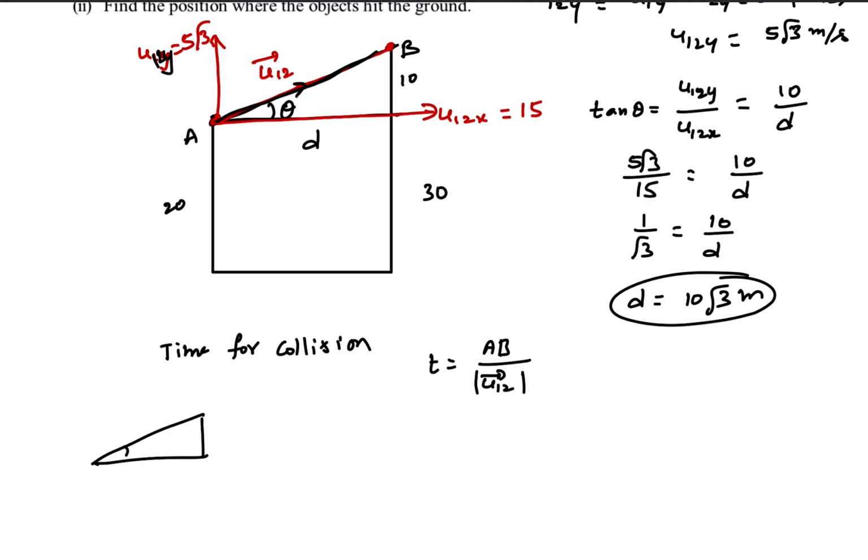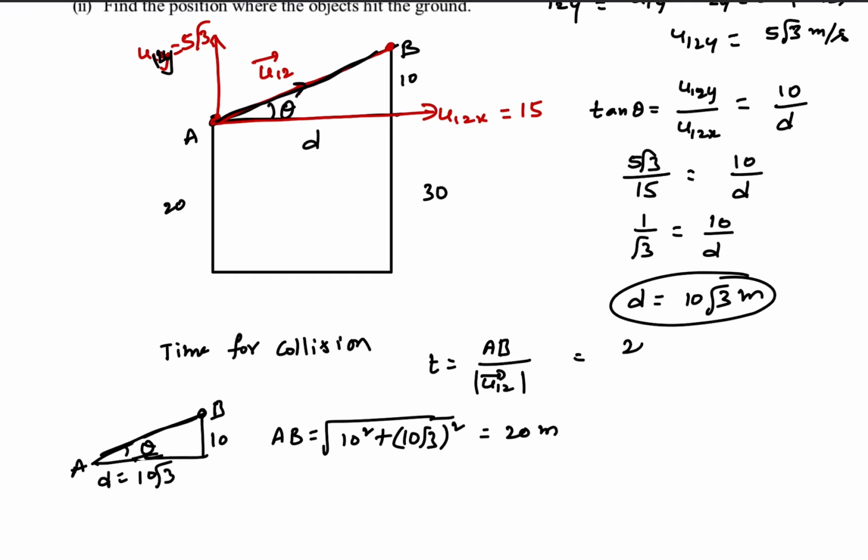From this triangle, D is 10 root 3 and here 10 is there. AB is equal to under root of 10 squared plus 10 root 3 whole squared, which gives 20 meters.